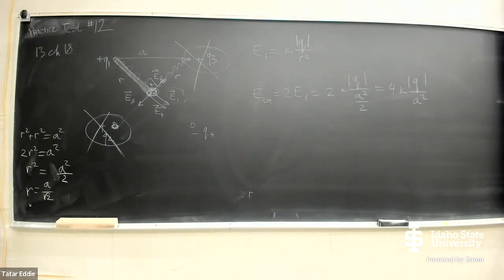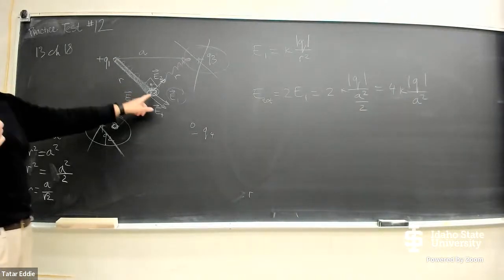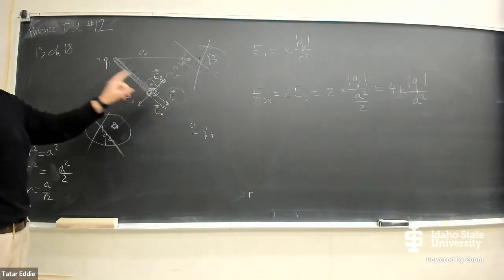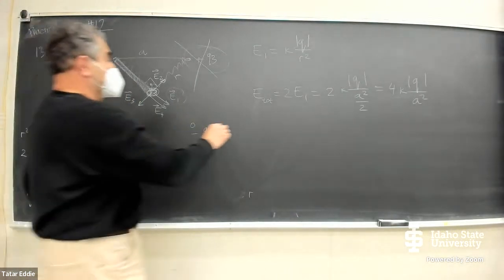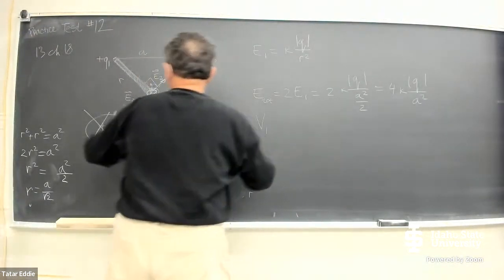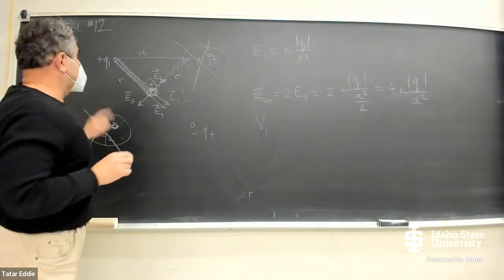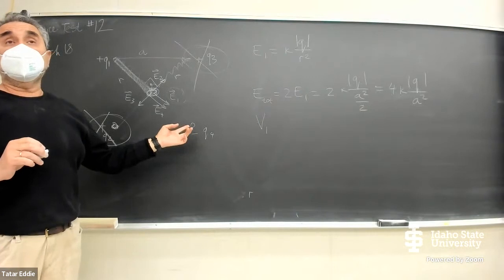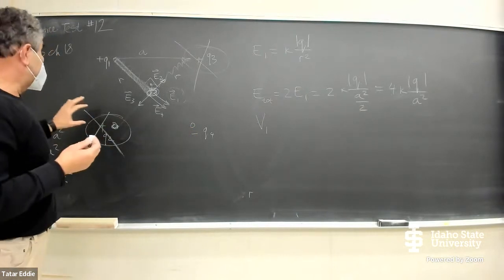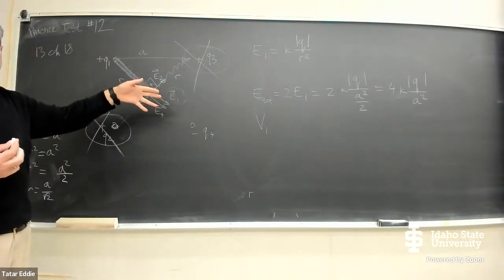If you are asked to find the voltage at the same point, the voltage is a scalar quantity. So the voltage is going to be the voltage generated by this, this, and this. The negative charge is going to generate negative voltage. The positive charge is positive voltage.